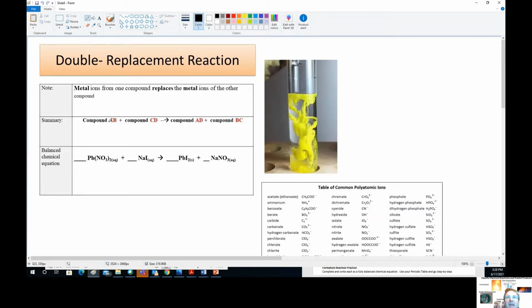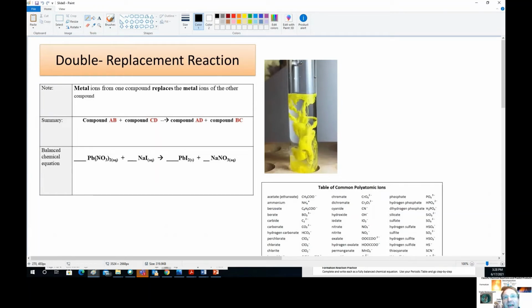Now the A is going to kick out the C. I had to look at it for a second there. The A is going to kick out the C, so it's going to be AD, and therefore the other one is going to be BC, right?